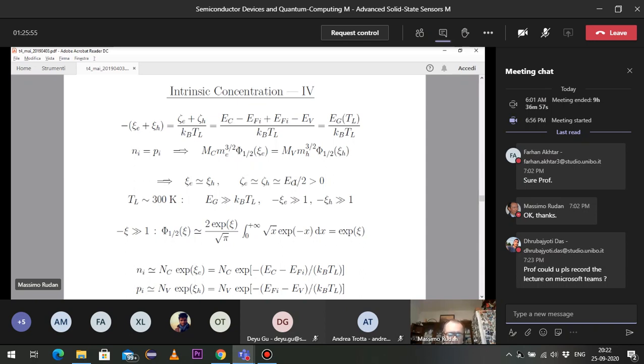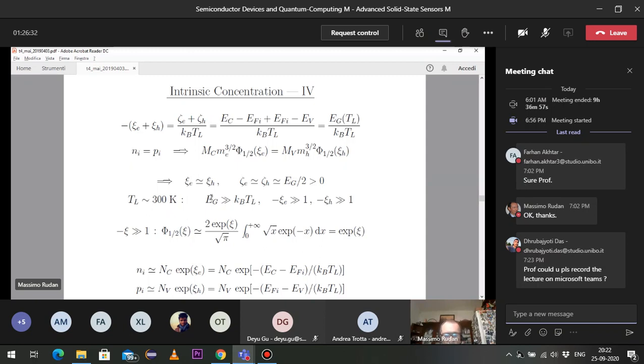Consider the case of room temperature, okay? At room temperature, that is T around 300 Kelvin, remember, kT is of the order of 26 milli electron volt. Eg for silicon or germanium or gallium arsenide is about 1 electron volt.